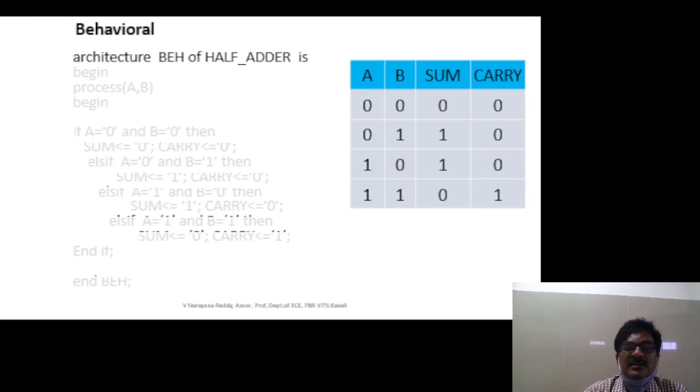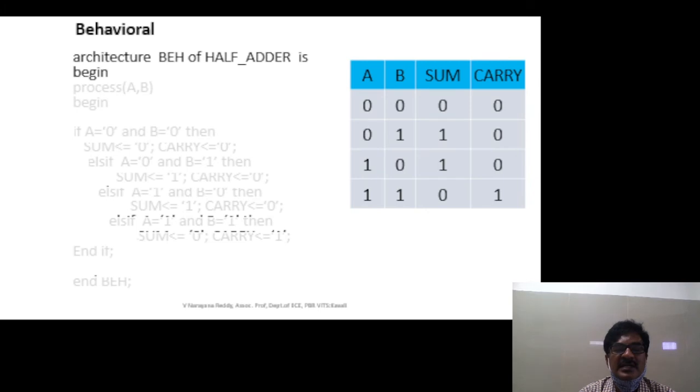Then, no declarations here also, that's why I directly use the word begin, the architecture begin. After begin, the statement part starts. In the architecture body, the statements are considered concurrent statements.